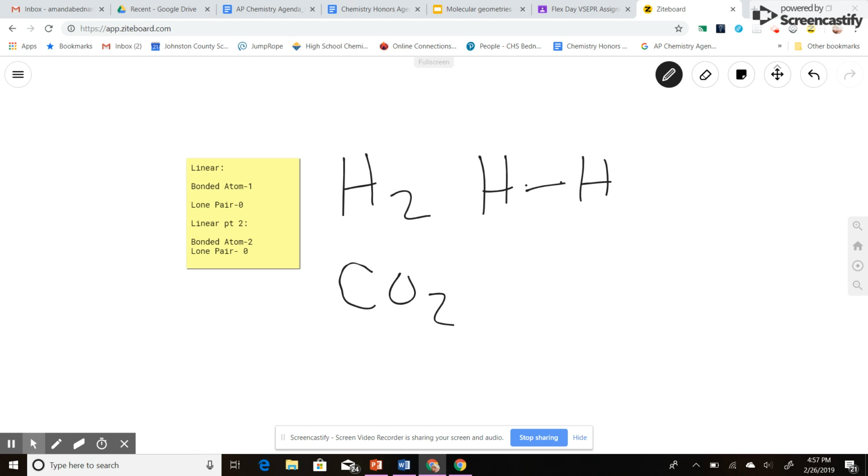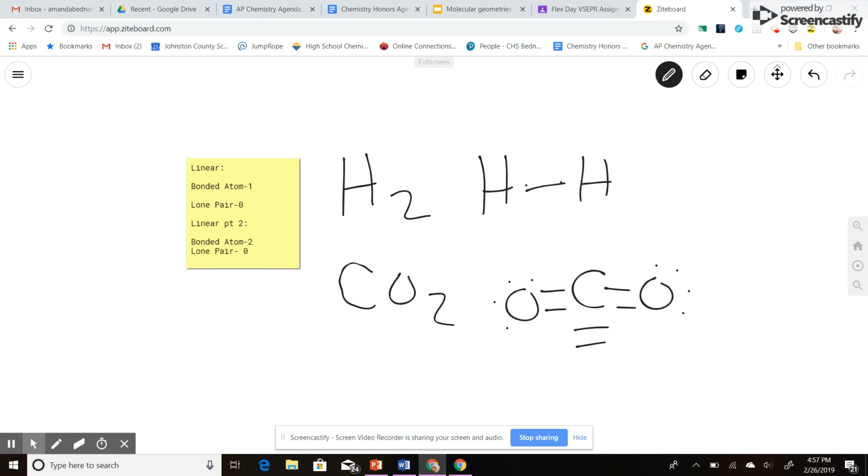So CO2, remember that carbon is our central atom. We draw our skeletal with our oxygens on the outside. Once I draw the Lewis structure, it ends up being double bonds, just like we did in class today. But there are no lone pairs on my central atom. Here, carbon is my central atom.